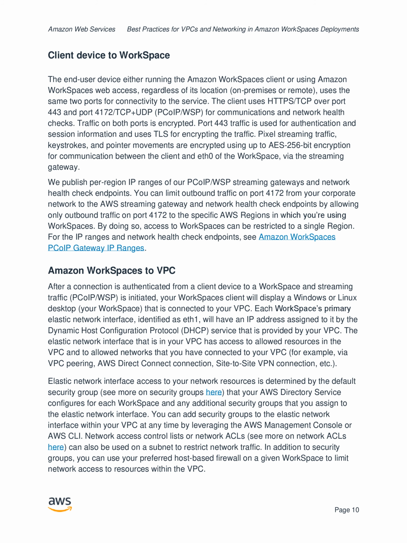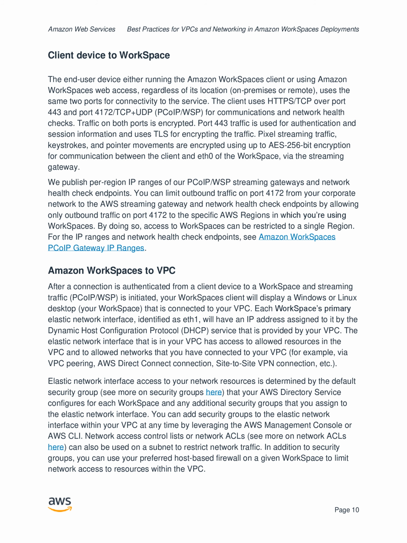The end user device, either running the Amazon WorkSpaces client or using Amazon WorkSpaces web access, regardless of its location, on premises or remote, uses the same two ports for connectivity to the service. The client uses HTTPS/TCP over port 443 and port 4172/TCP plus UDP, PCoIP/WSP, for communications and network health checks.